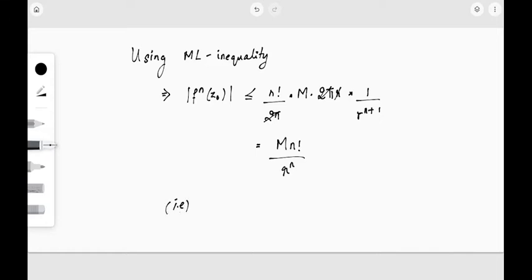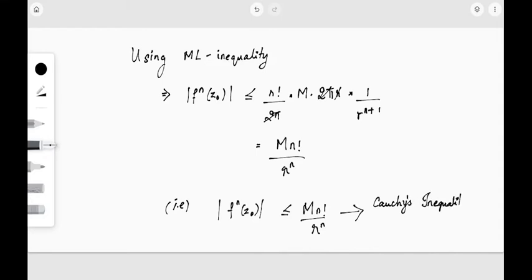So this inequality, modulus of f^n(z0) is less than or equal to M into n factorial by r raised to n, where r is the radius of the circle with center z0, n is a natural number, any value 1, 2, 3, etc., and M is the bound of the function. This inequality is called Cauchy's inequality.